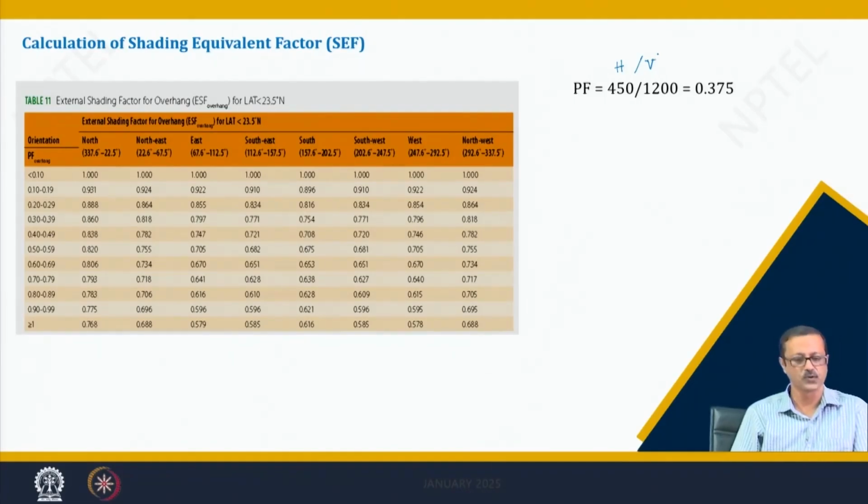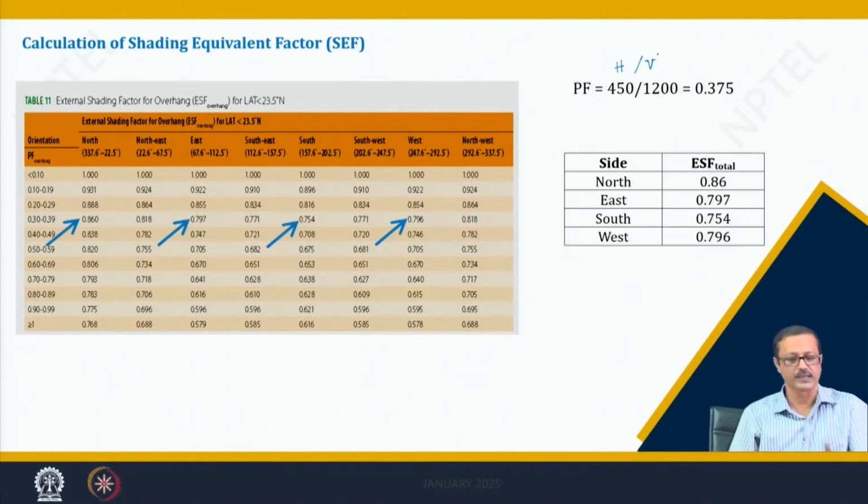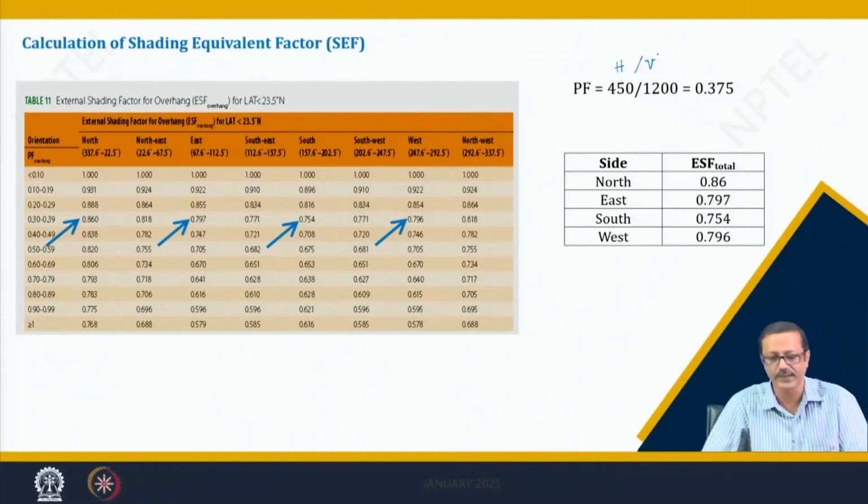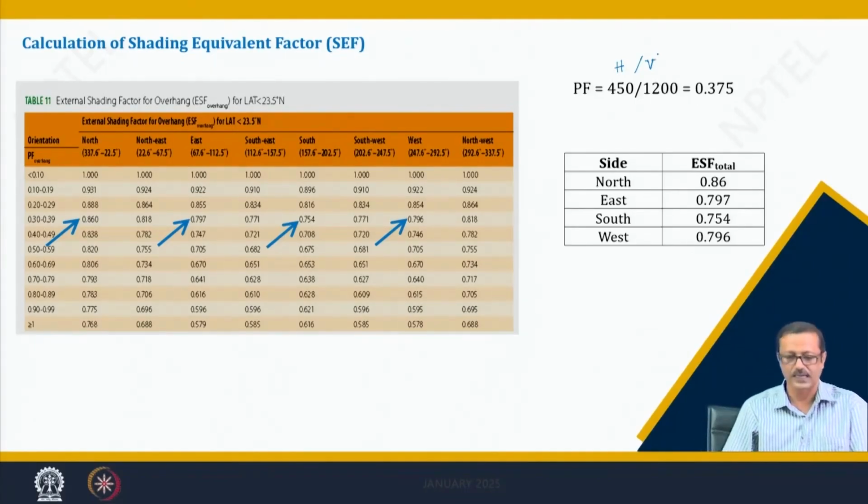So, I have to take the row which gives me the PF within 0.3 to 0.39. Based on that I have taken the ESF, the equivalent shading factor, for north, east, south and west, which is 0.86, 0.797 for east, for south it is 0.754 and for west it is 0.796 again. So, these have been taken care of.